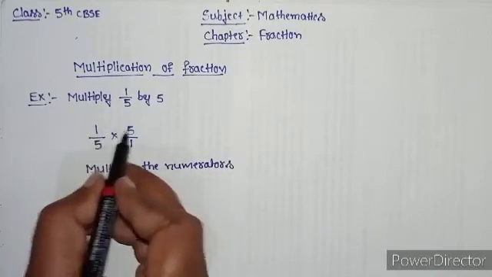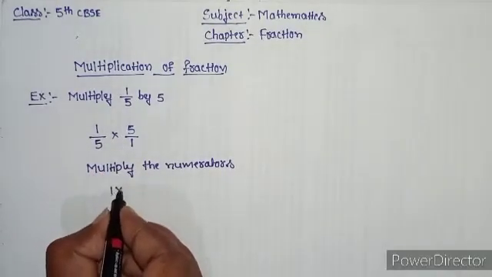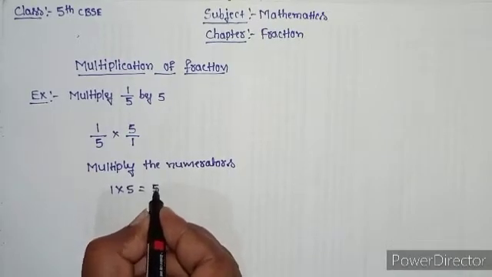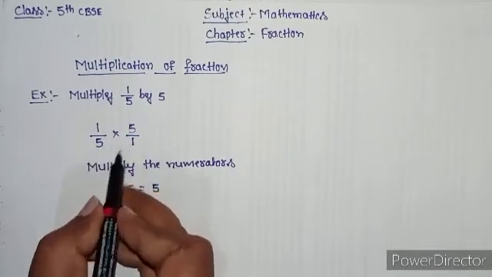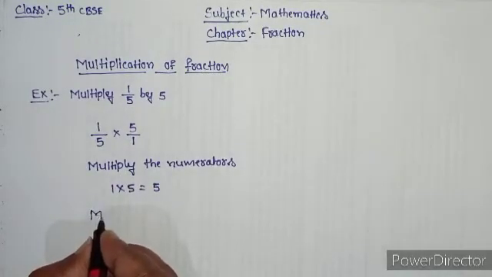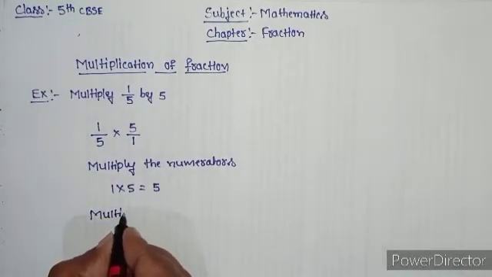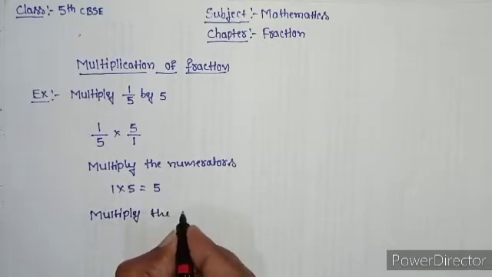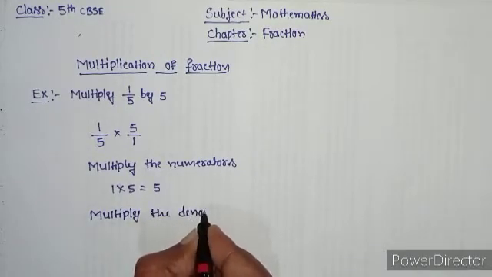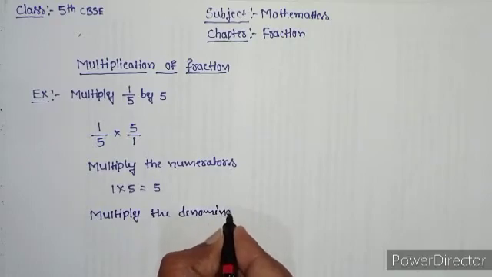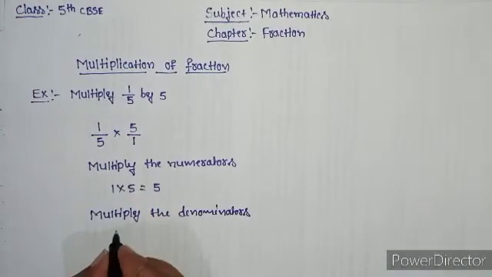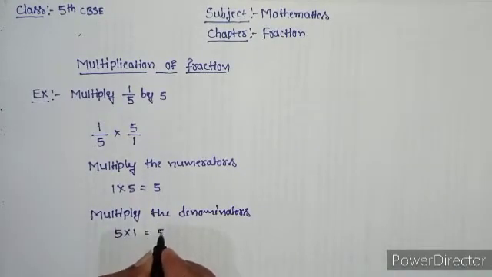So numerators are 1 and 5. 1 into 5, 5 only. Now we need to multiply denominators. So 5 into 1, 5 only.